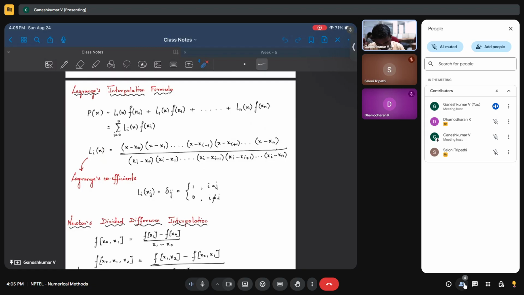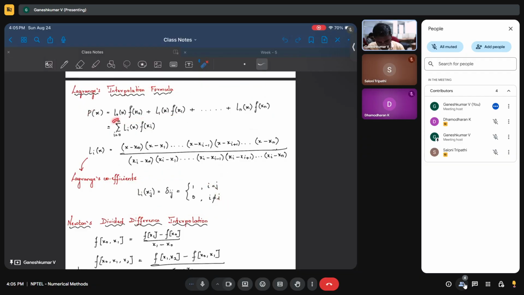If I put x to be x naught, then one of the terms becomes 0, and in that way the entire polynomial becomes 0. So if you substitute any other data point in the Lagrange coefficient, that term will become 0. That's the special property that you have, and using this you can construct a polynomial.